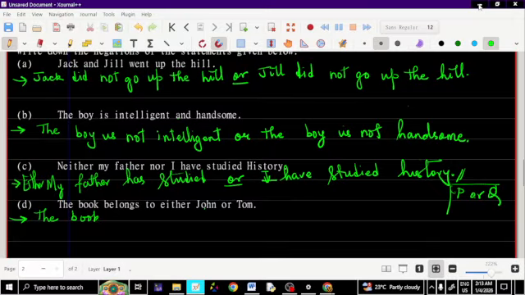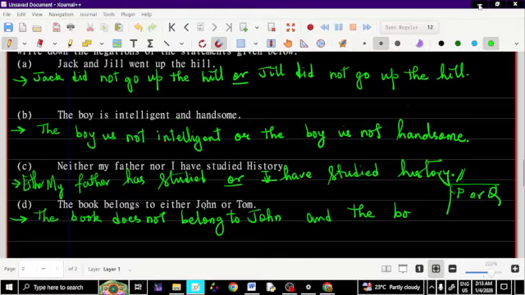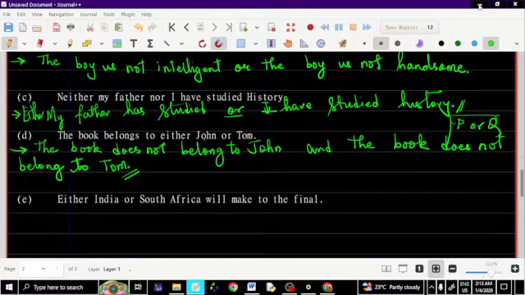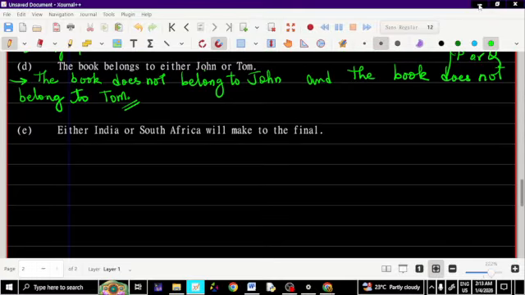The book does not belong to John and the book does not belong to Tom. Right? So this will be the negation of the fourth one.